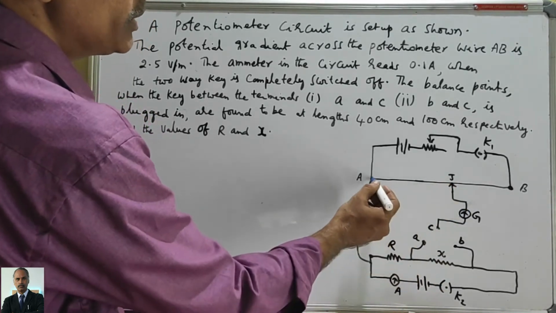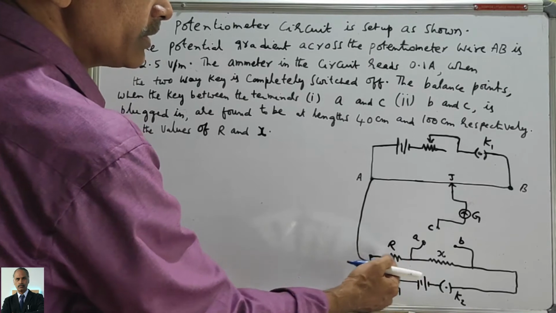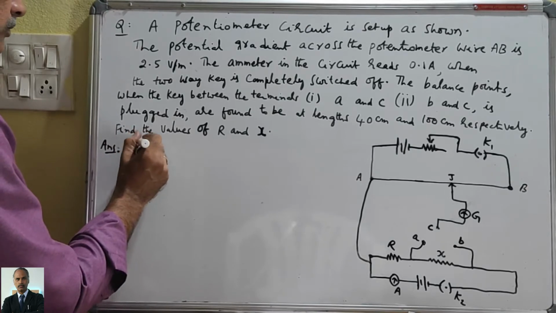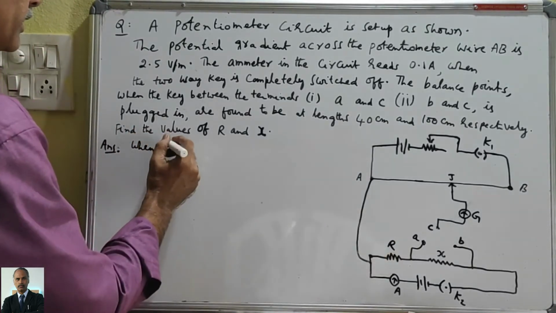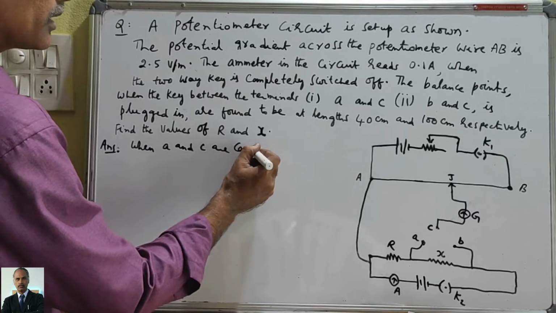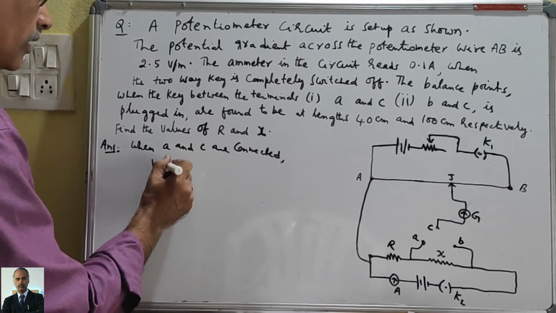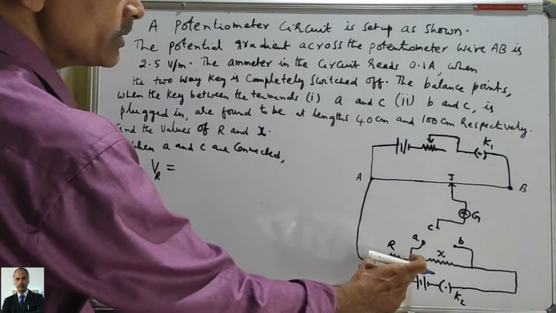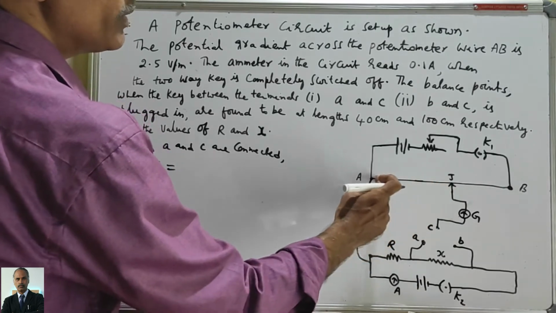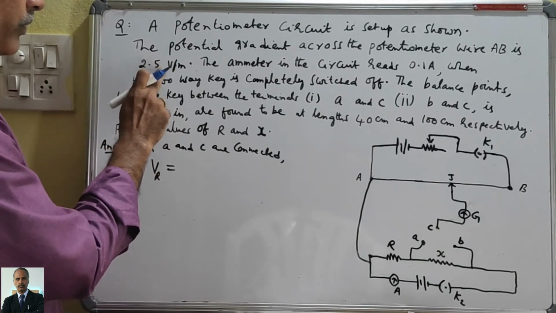That means whatever potential difference across this 40 centimeter length of wire, that is equal to potential difference across this resistance R. Therefore, when A and C are connected, the potential difference across the resistance R should be equal to potential difference across the 40 centimeter length of the wire, because balancing length is given as 40 centimeter, and also it is given 2.5 volt per meter.